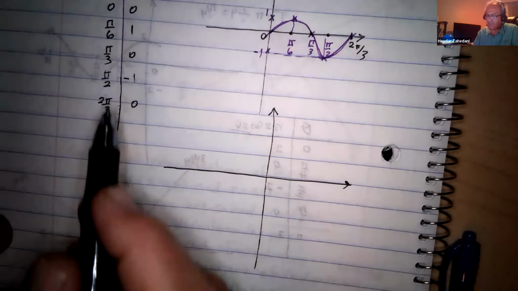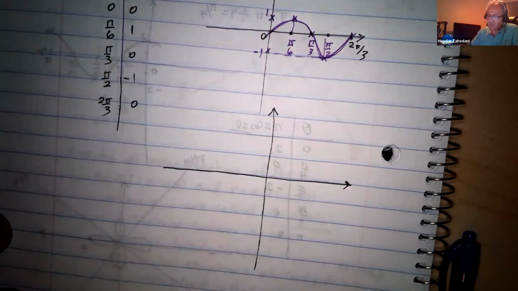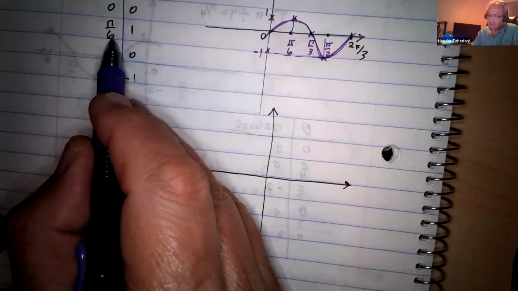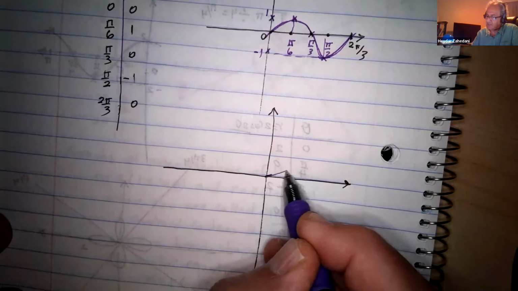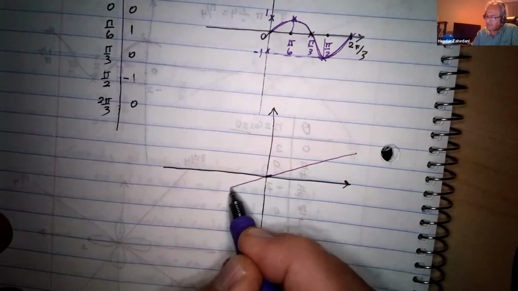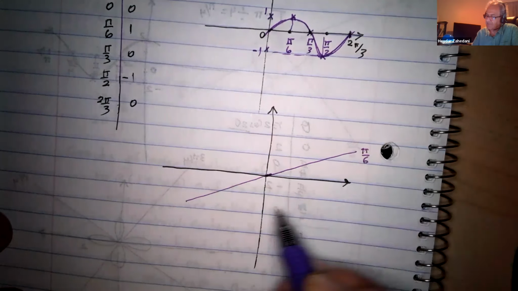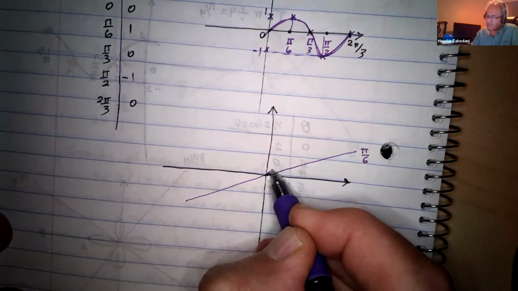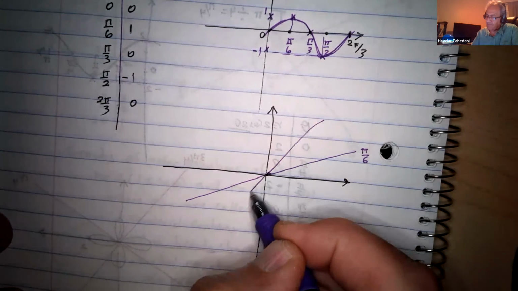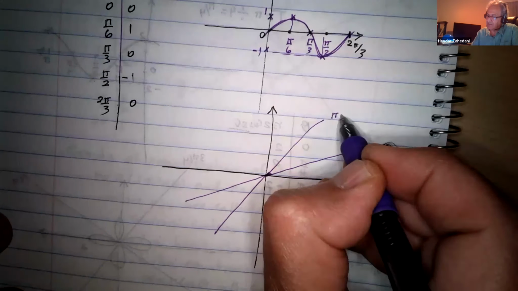Okay, you can identify these numbers. So you have pi/6, pi/3, pi/2. We can get this one first. Say this is 30 degrees, which is pi/6. And then you have 60 degrees, which is pi/3.